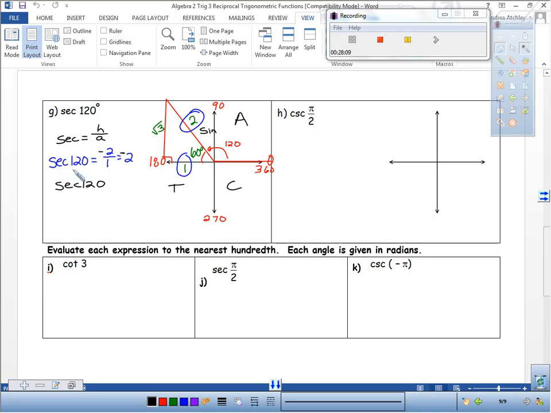That means cosine, which is the reciprocal of secant, cosine's negative. So if cosine's negative, then secant's also negative. Any questions over that? We're good? Okay, one more.